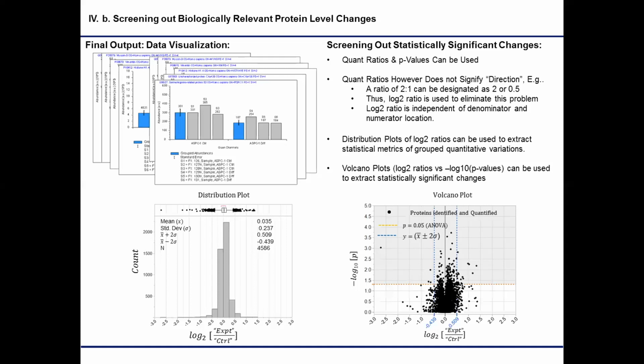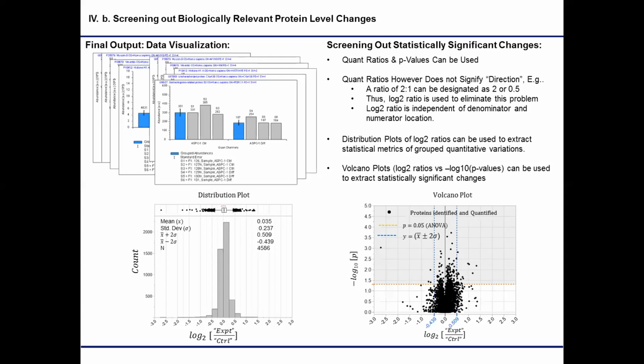Generally, when we look at this, our null hypothesis assumes there's going to be very little change, so that the experimental versus the control are going to have very little effect on the overall proteome. That's the typical null hypothesis.